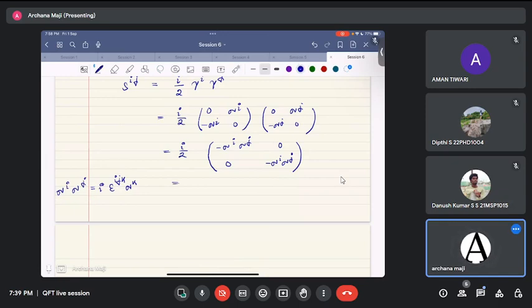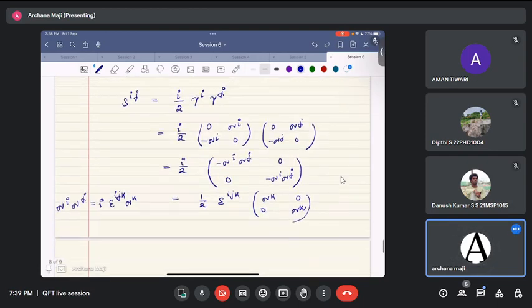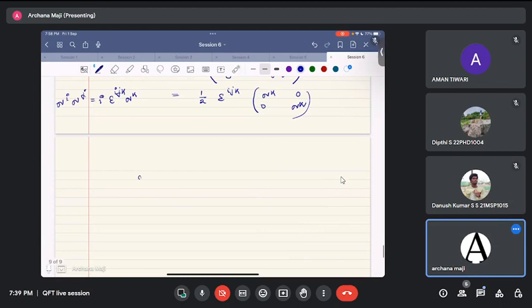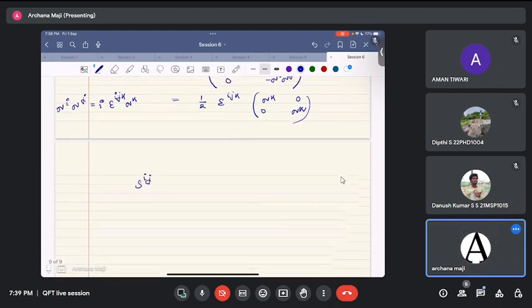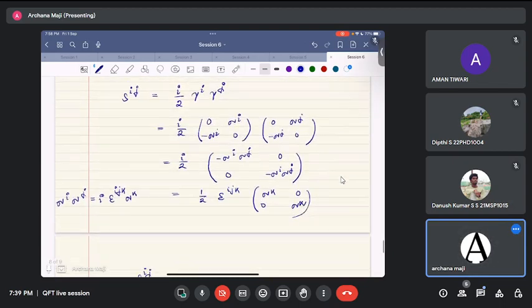So this is 1/2 epsilon ijk, sigma k 0, 0 sigma k. Okay, so you know that S ij, so note that here we have suppressed the row and column index.